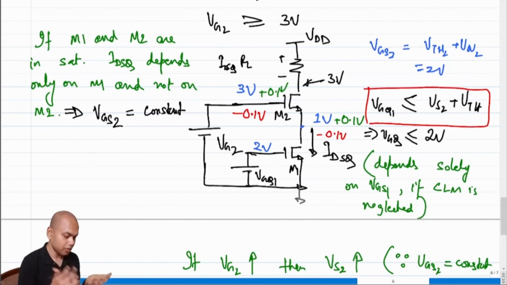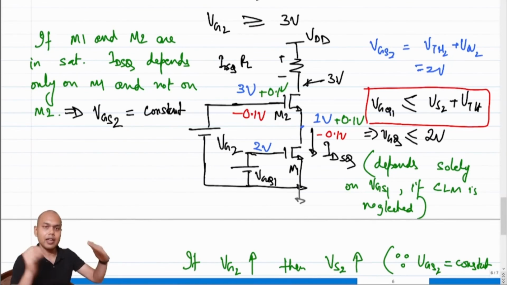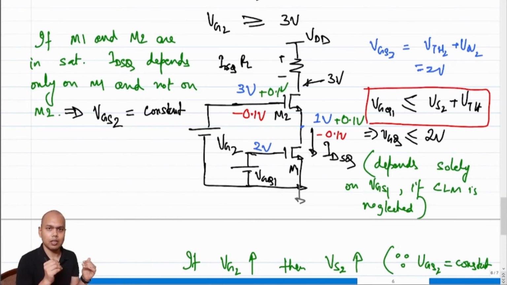This problem arose because we were biasing the transistors right at the edge of saturation. Right at the edge for M1, not for M2, right? Because the way we took the values, note that the gate-drain voltage of M2 is 3 volt.